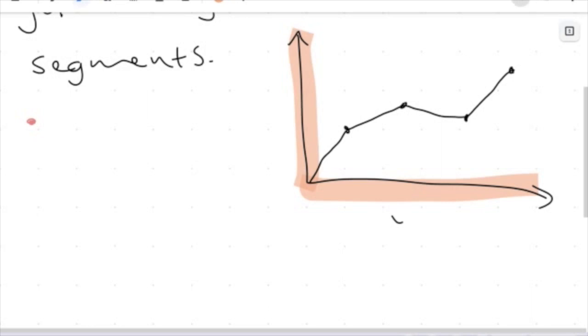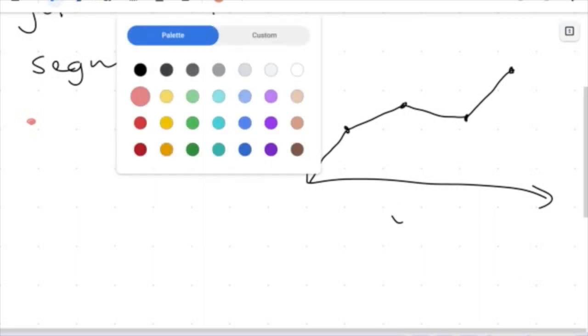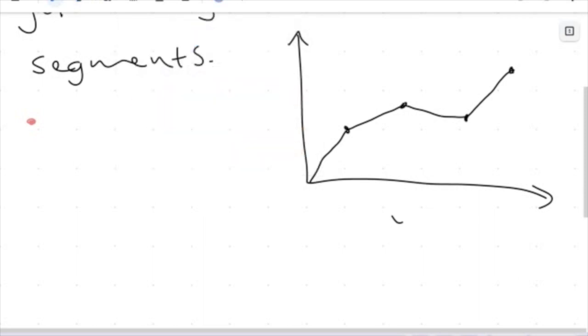You may remember from previous videos, anytime we saw an X and Y axis, they are measured on two variables.